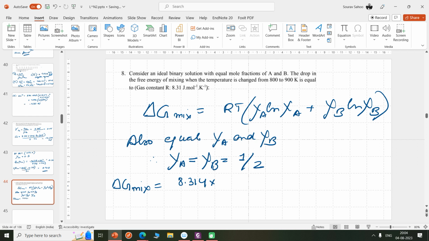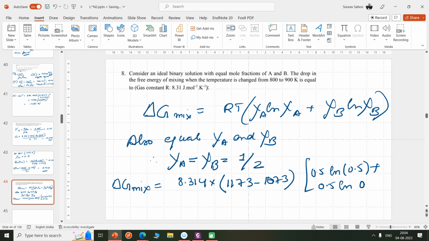So we have 100 Kelvins, or 100 degrees centigrade difference, and 0.5 ln 0.5 plus 0.5 ln 0.5, and this will give me minus 576 joule per mole, which is equivalent to minus 0.576 kilojoule per mole.